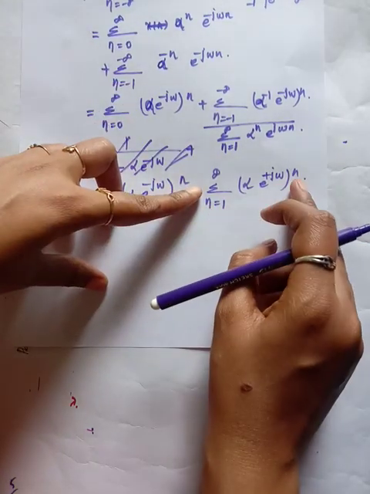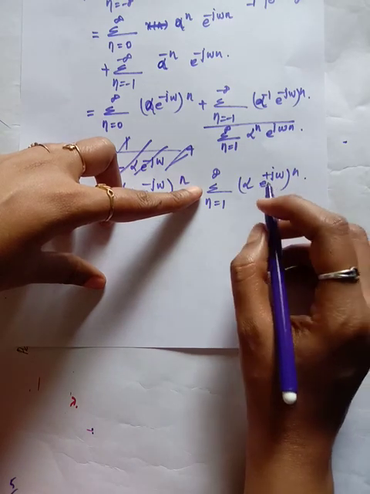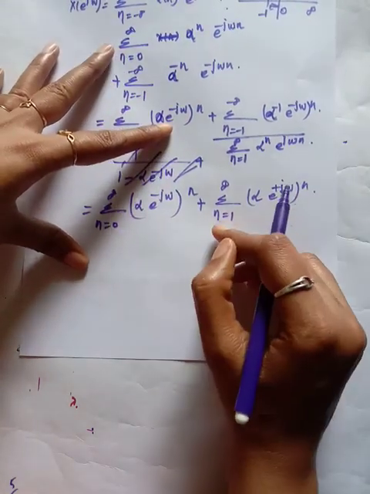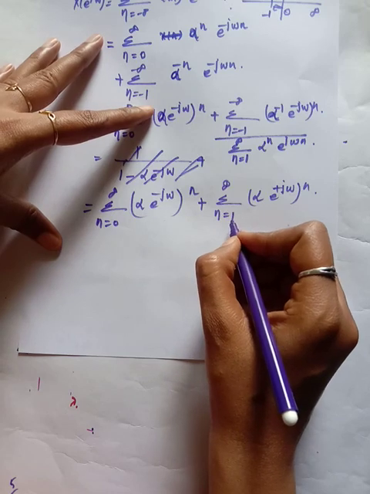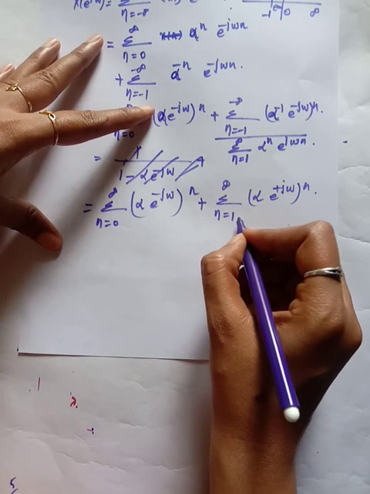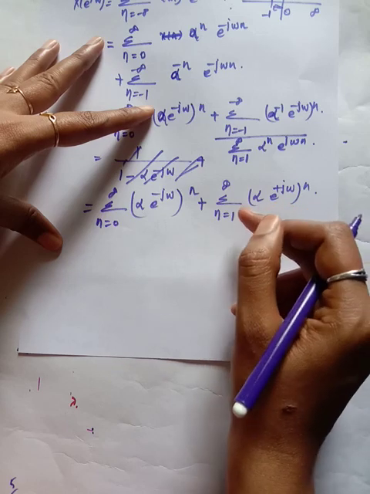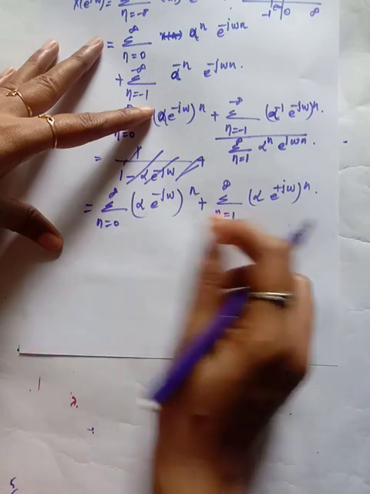Listen here: when n is equal to 0, you substitute n equals 0, and you need the missing term so that I can write the formula.